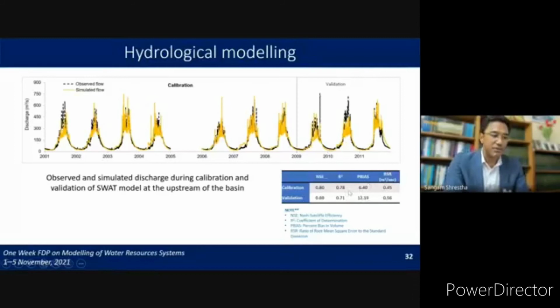So similar to the downstream of the basin, the upstream of the basin also shows very good performance of the SWAT model in simulating the flow. And we assume that this model is very good to use to simulate the climate change impact on the hydrology and water resources of the Marshandi River basin.